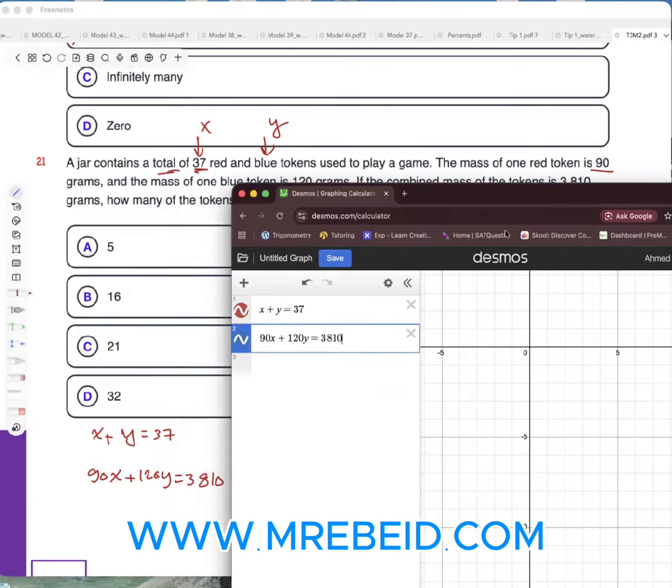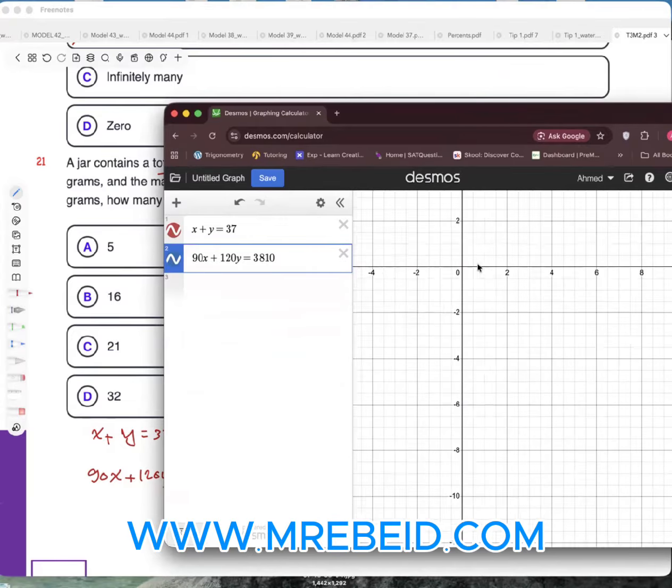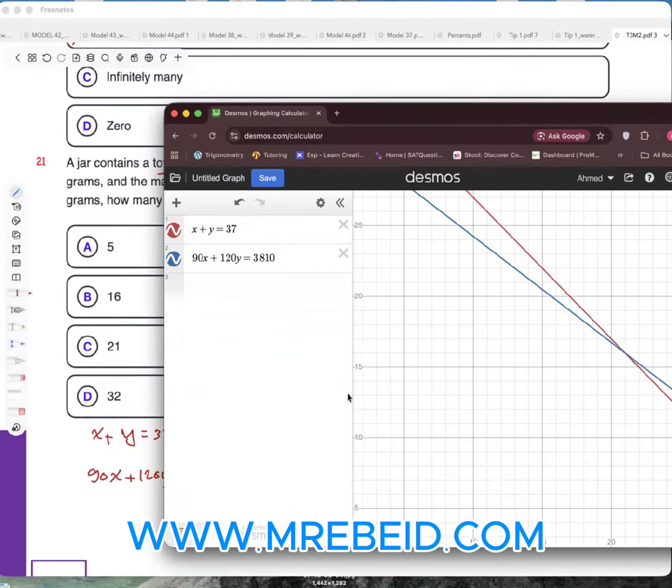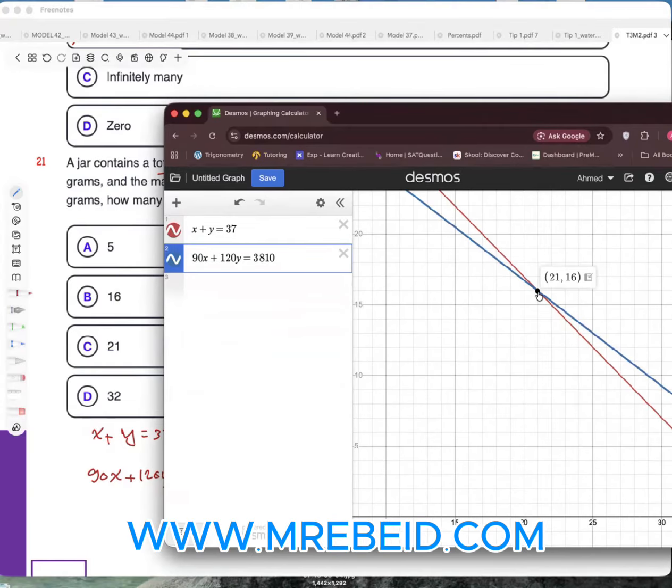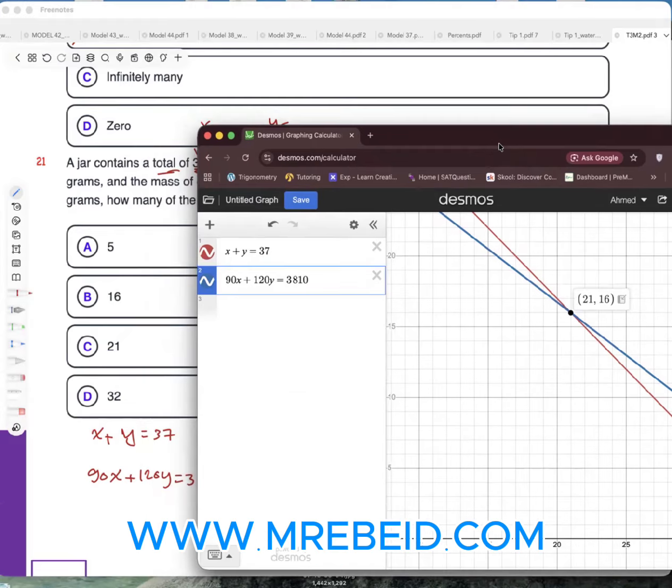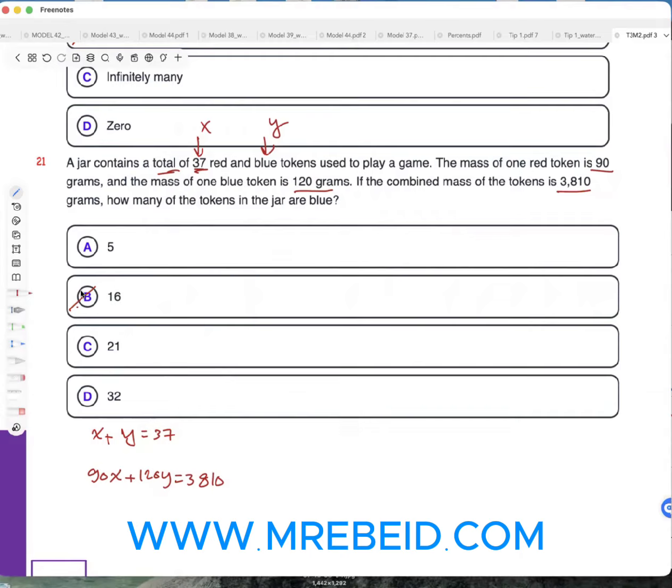We'll check together the point of intersection. Okay, yes, here. Only one point of intersection. So we have 21 for red and 16 for blue. So the answer is 16 because y represents the blue. So it's 16, which is B.